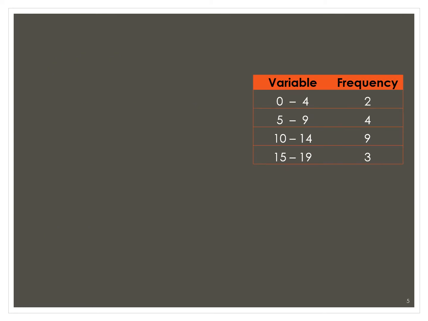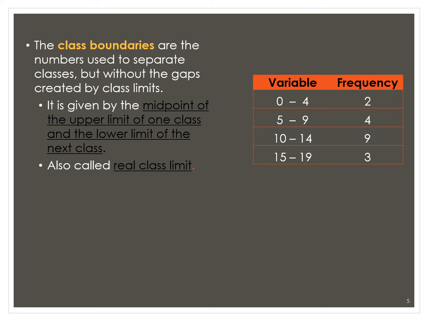Now let's look at what class boundaries are. Class boundaries are the numbers used to separate classes, but without the gaps created by class limits. It is given by the midpoint of the upper limit of one class and the lower limit of the next class. For example, the upper limit of the first class is 4, and the lower limit of the next class is 5.